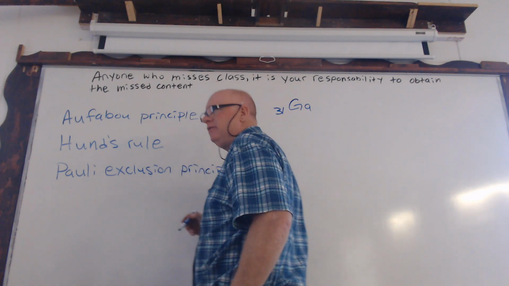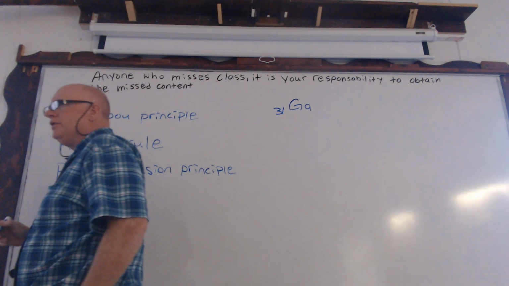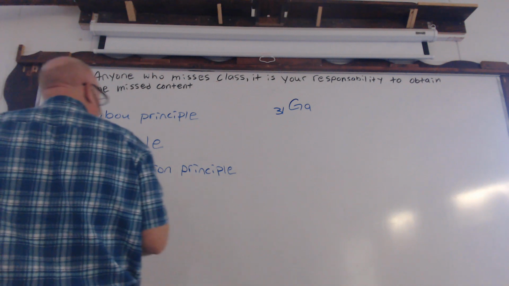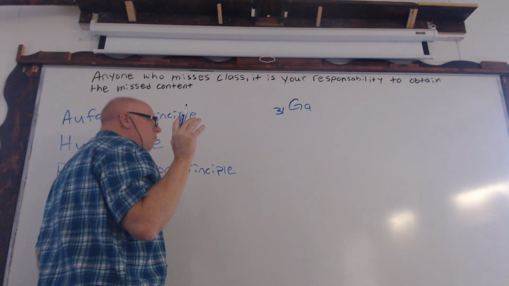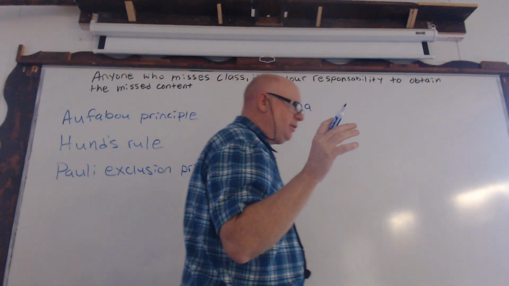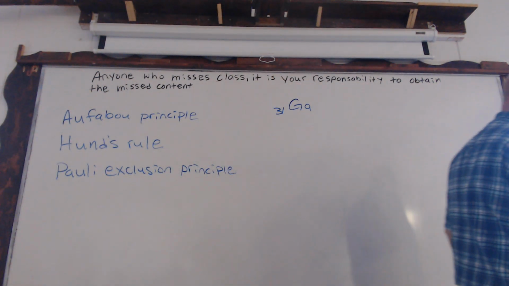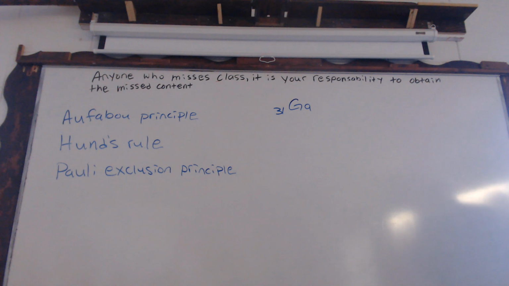Does that sound right? Well, zinc is 30, so gallium's got to be 31. So we don't have to do the whole orbital diagram for these. And for some people, it makes sense that the electron configuration and the orbital diagram are really intertwined with one another, okay? And this is why.